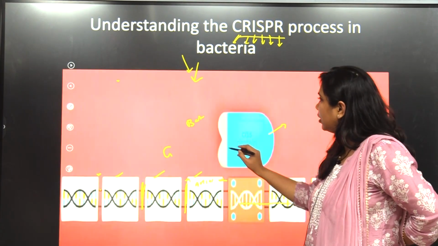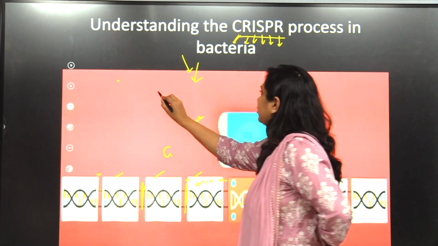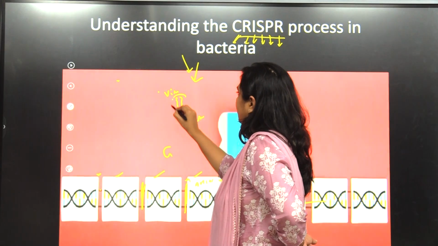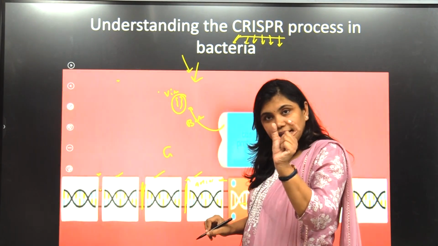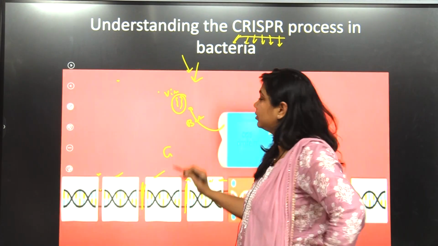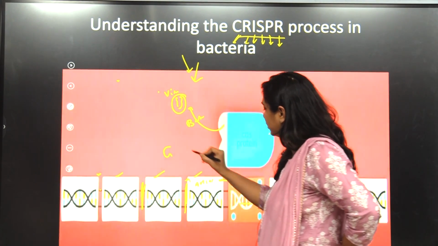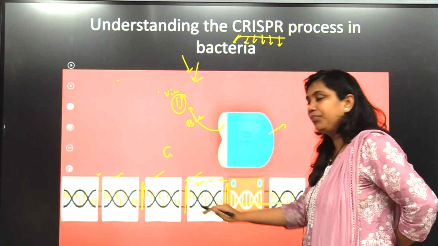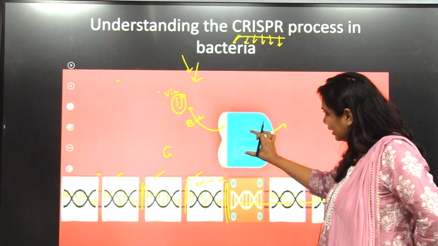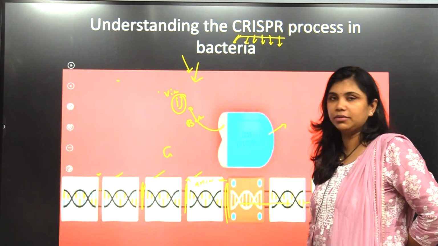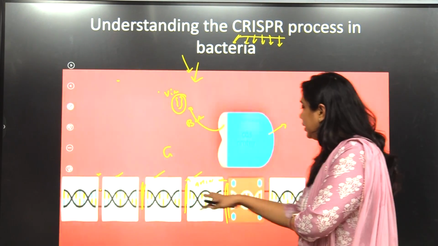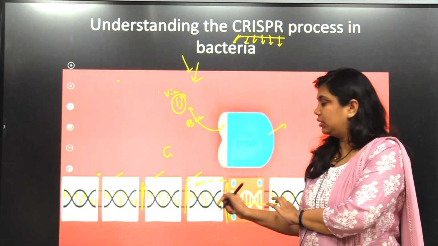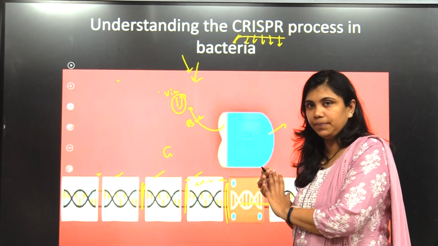what it will do, it will go, see here is a virus, so a small virus was there. This Cas protein will go over here and take the DNA material of this virus, and it will cut this line and keep the DNA material of it over here. See, I'll explain again. This is the DNA material of the bacteria.